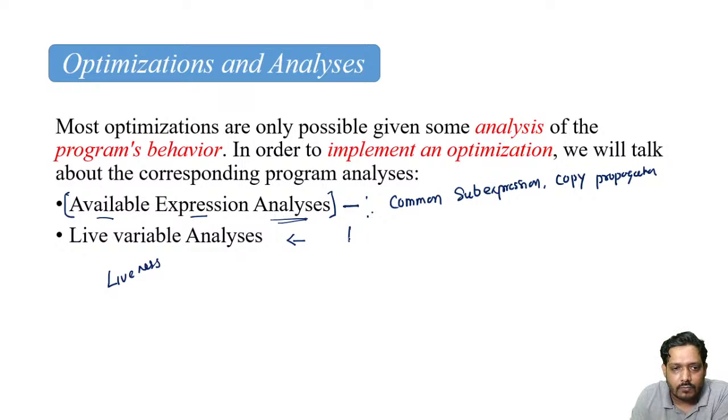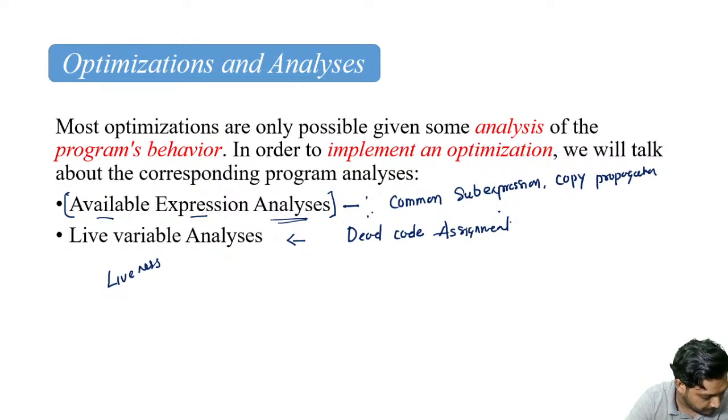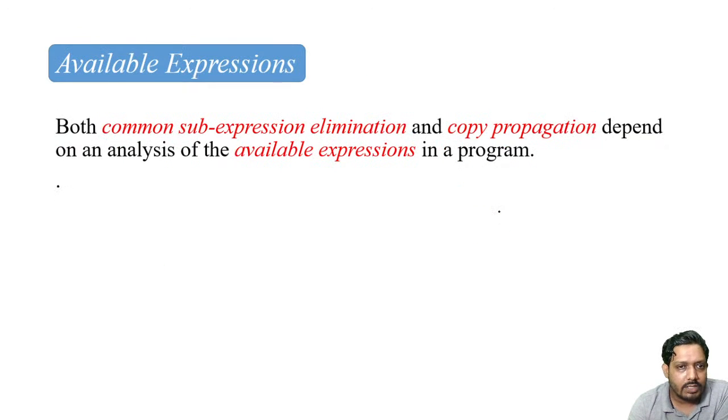Liveness analysis is for dead code elimination or dead code assignment. So we have to do two algorithms to understand this. First is available expression analysis. But just give me 1 minute so that I can ask one question.